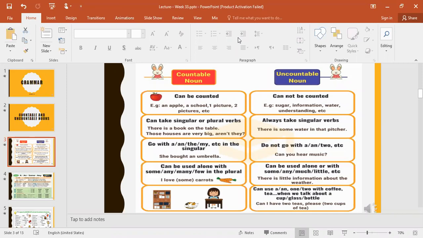The last thing we talked about, which was very important, is that we can use a and an, or one and two, for example, the numbers, when we are talking about a cup of tea or a glass of water or a bottle of water and so on. So we can talk about uncountable nouns.